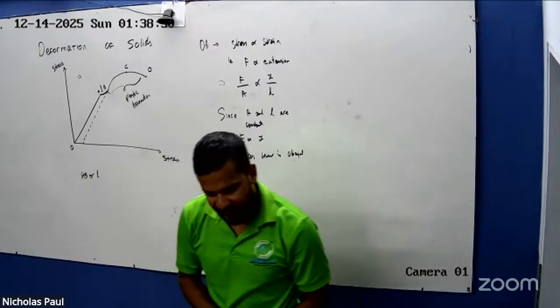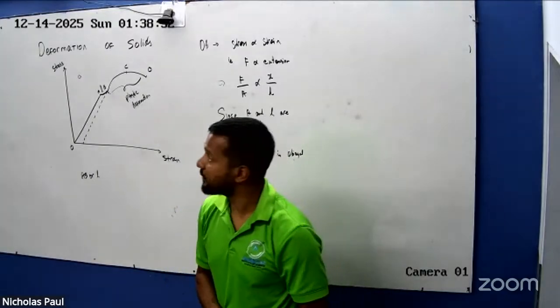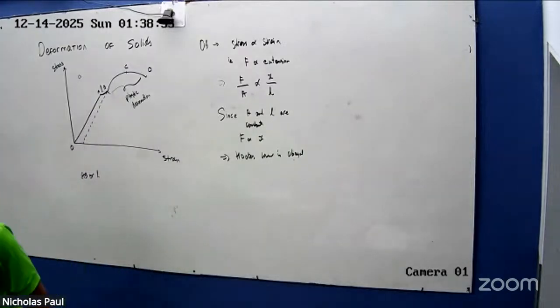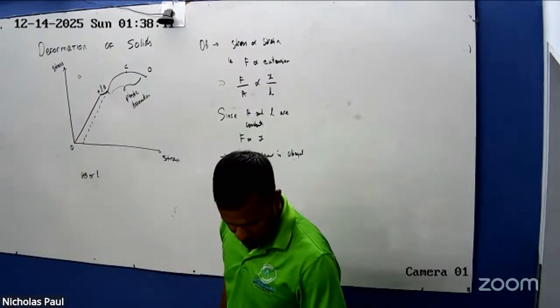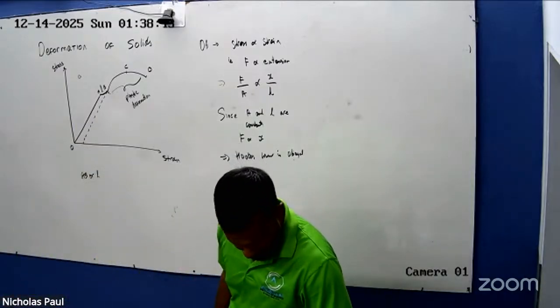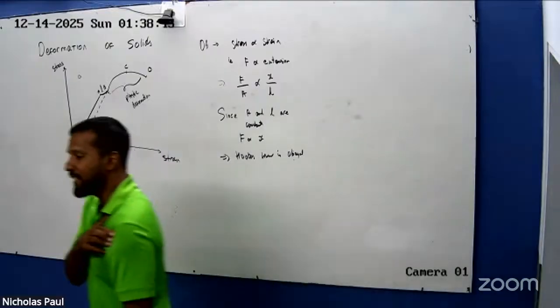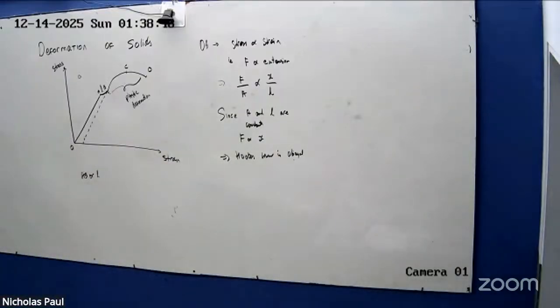C is the maximum stress. And D, the wire breaks.